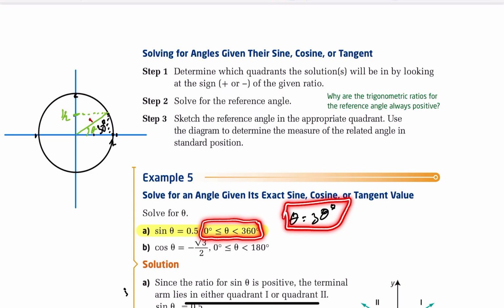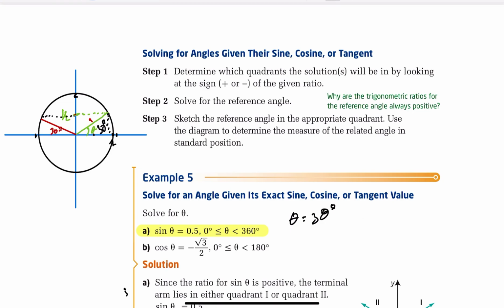So I should increase the radius of my angle. So let's draw another one that has the same sine. Which angle has the same sine? This angle from here to here has the same sine, which is 30 degree.